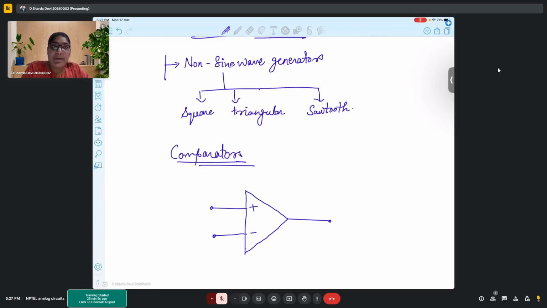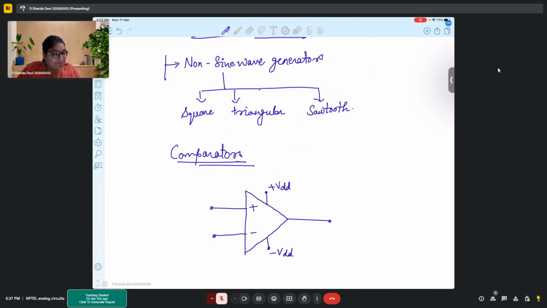But the op-amp's output is limited by plus minus VDD, so your output cannot go beyond these supply rails.